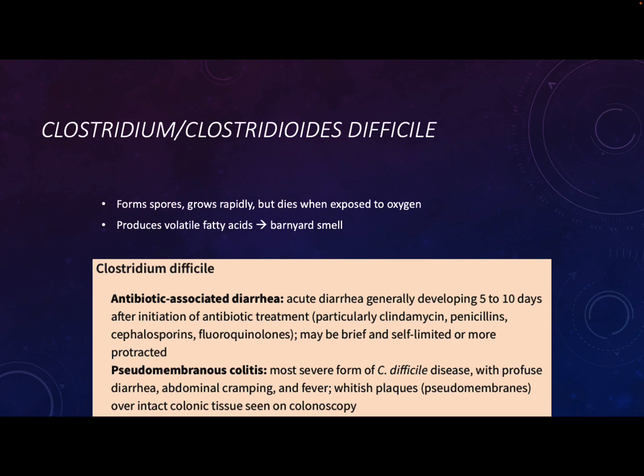We all know that feces doesn't smell good, but when it smells more like cow poop than human poop, that could be indicative of a C. diff infection. Because a lot of the reason that manure smells like manure is because of the volatile fatty acids produced in the GI tract of those animals. So it has a barnyard smell, they say. Again, I've not had the infection and I've not smelled the infection, so I can't say from my own personal experience, but that's what they say.